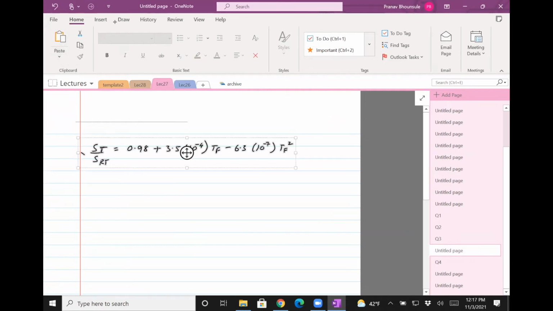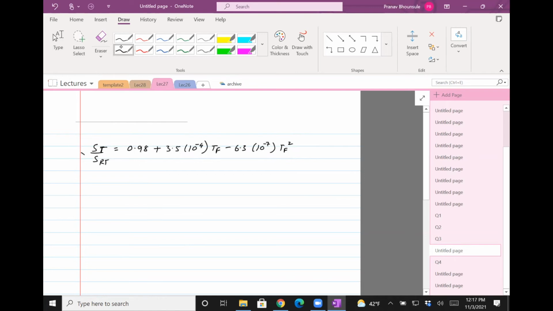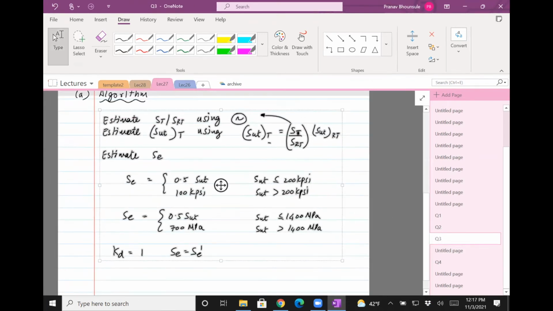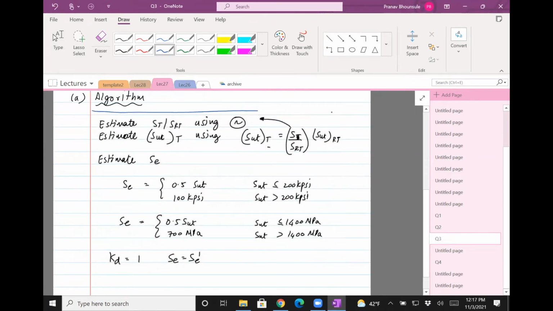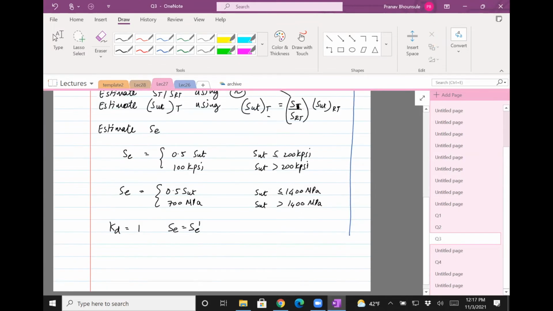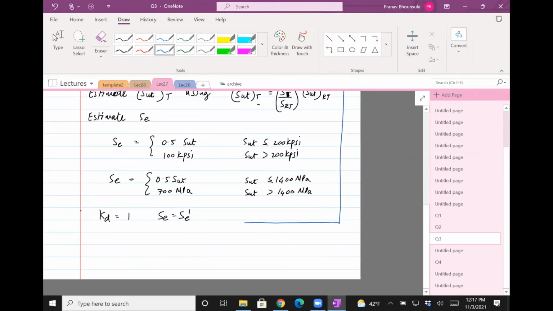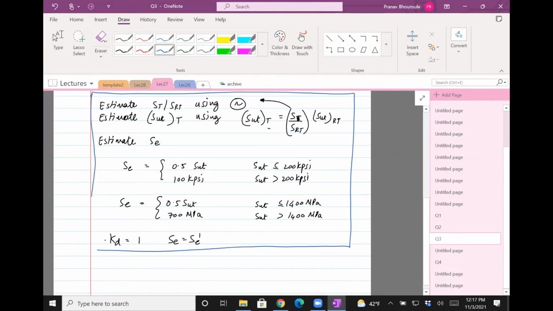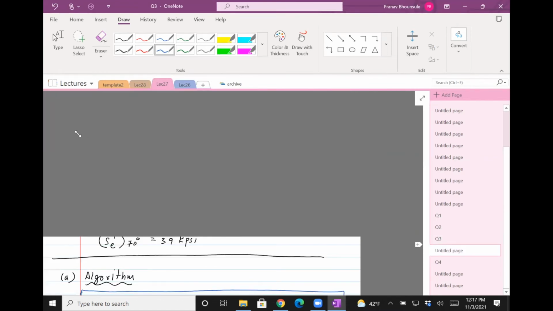So that's the formula I'm going to use. And maybe I should box this so that way you know it's copied, pasted from somewhere else. Just box this also.